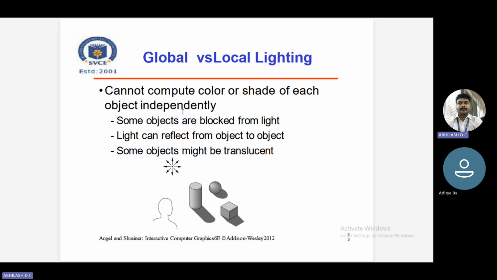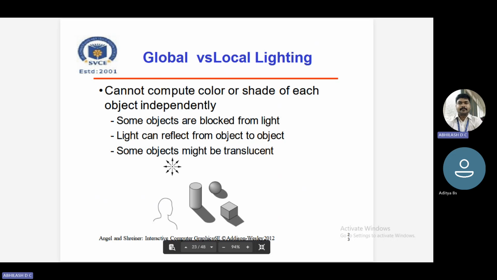So there are different types of objects. We call them transparent, translucent, and reflective. So we cannot compute the colors without knowing the object. Some objects may block the light. This is the opaque object.